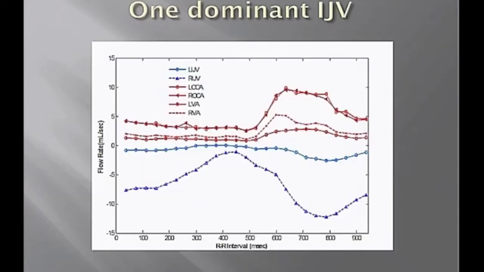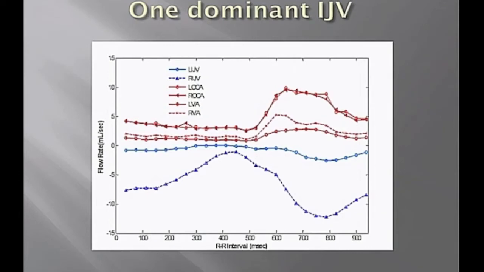So I want to show you an example of some of the analysis that we do here. We're plotting the time in the cardiac cycle here and the flow in milliliters per second. You can see here the carotid arteries in diastole, and then they peak their blood flow up in systole to about 10 milliliters per second. And you have the vertebral arteries here.